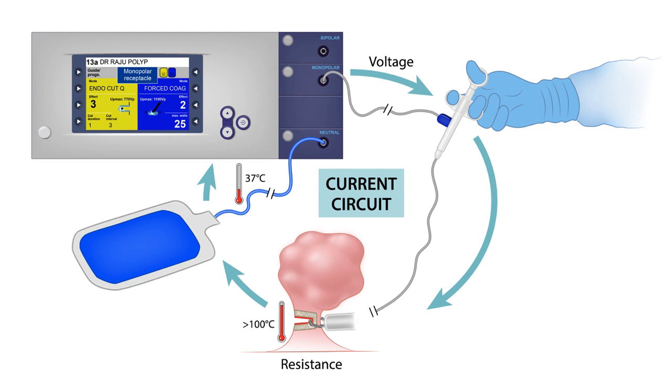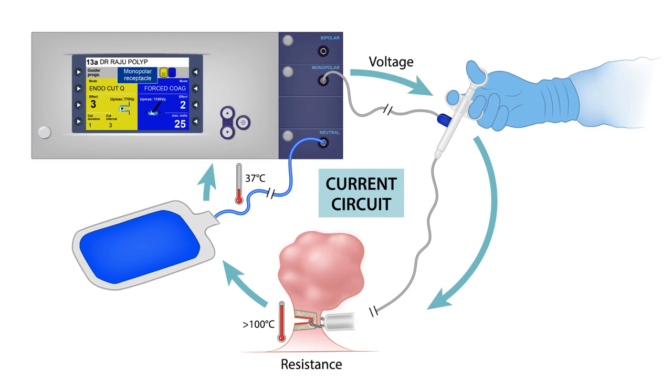So, in monopolar circuit, you need a returning neutral electrode connection. As you can see here, for the current to flow through, there is a need for the generator to push it through the circuit, and that push force is otherwise referred to as the voltage.